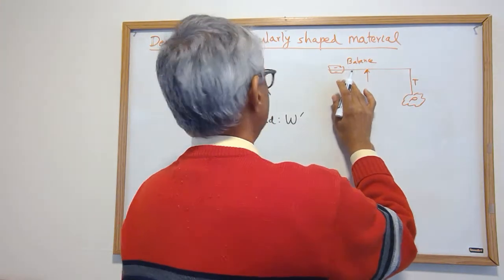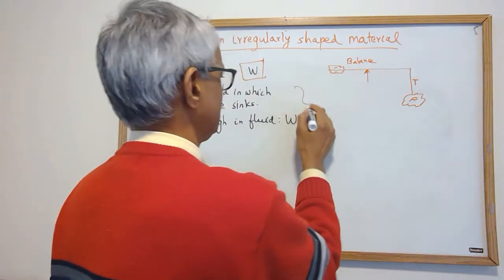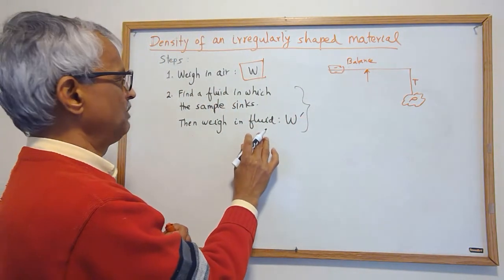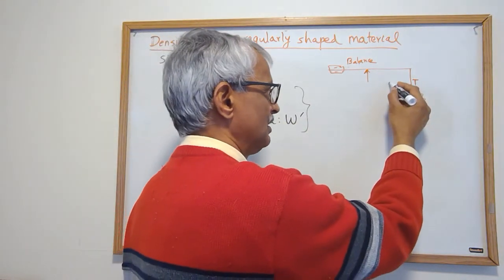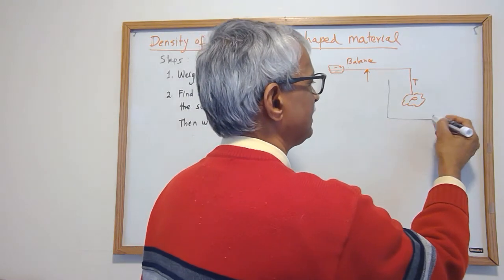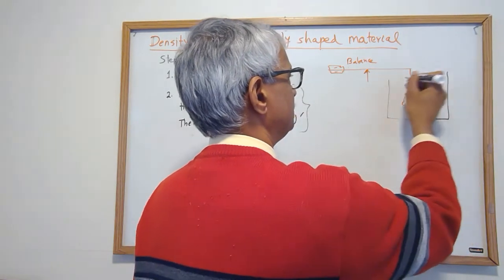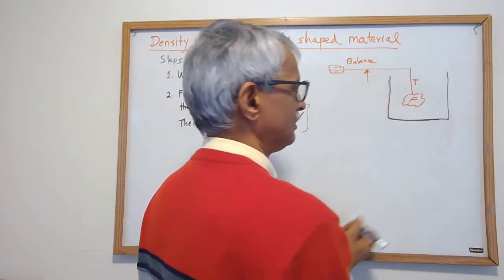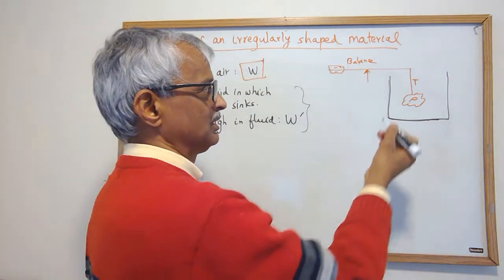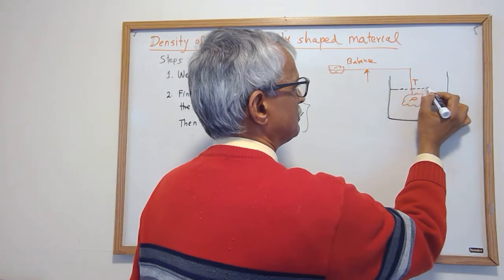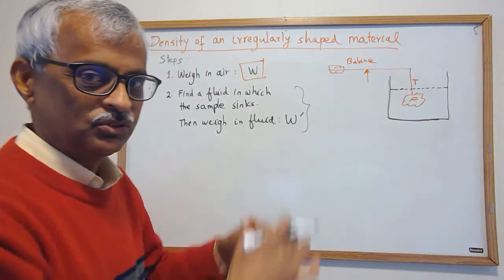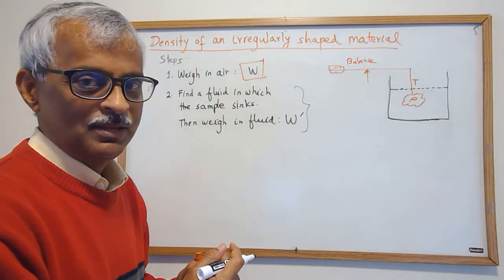So this is in air, but this thing we want to measure how much it's going to weigh when it's fully submerged. Well, what do I mean? We will have some kind of container, say a beaker in the lab, and you have enough fluid so that this whole thing is submerged.